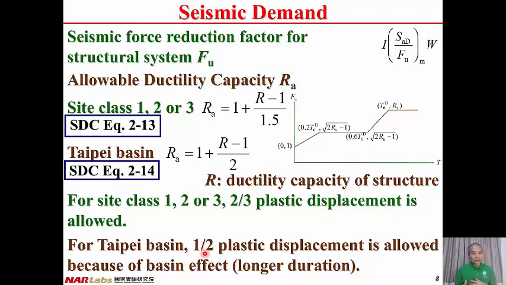The duration of the earthquake record becomes longer in Taipei Basin. Therefore, in Taipei Basin, the allowable ductility capacity Ra equals 1 plus (R minus 1) divided by 2, and R here is the ductility capacity of the building.